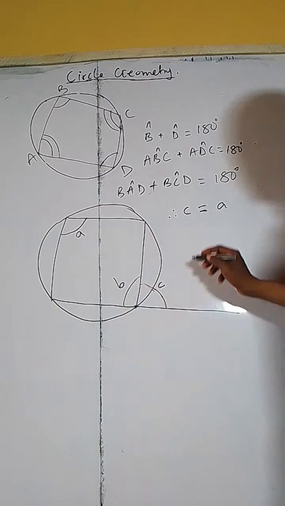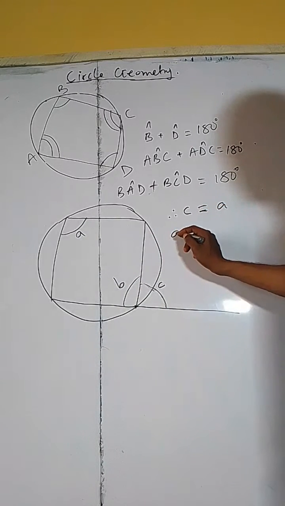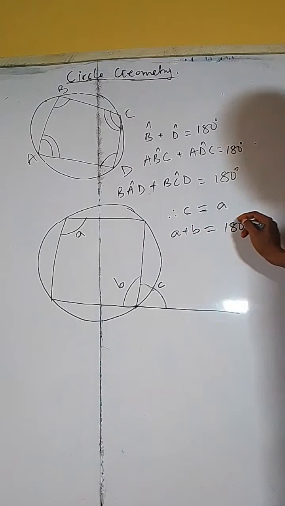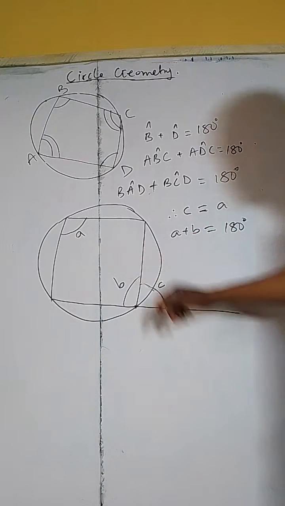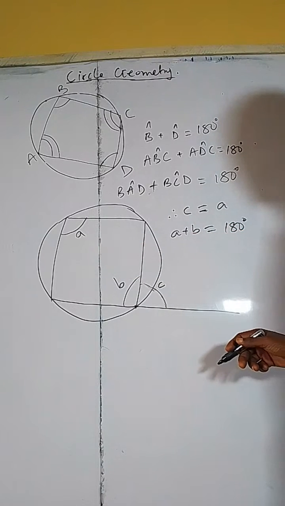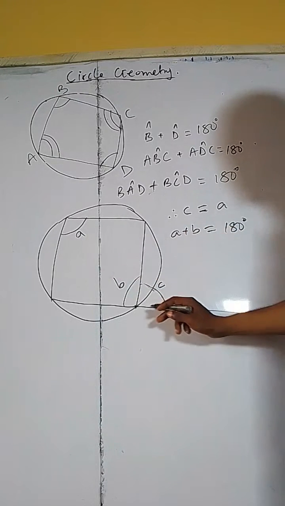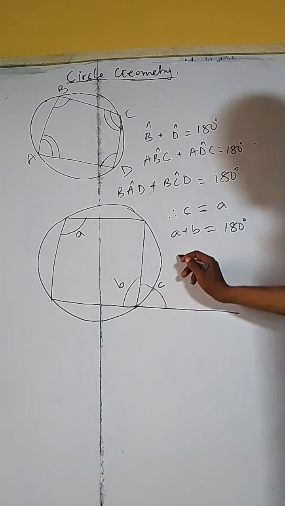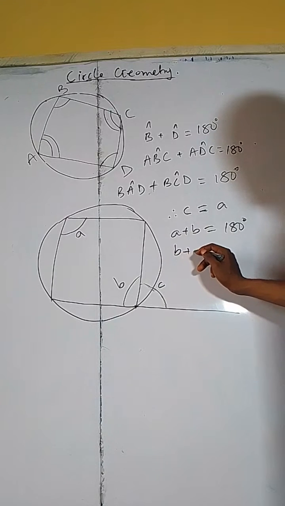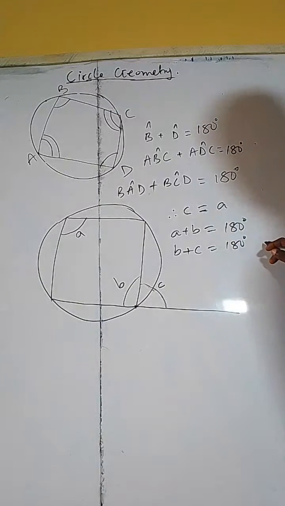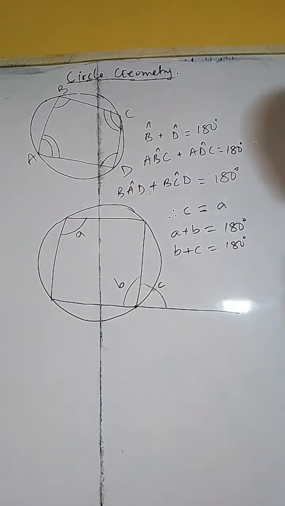The reason being that we have A plus B equals 180 degrees. That's opposite angles of a cyclic quadrilateral, adding up to 180 degrees. And also, we have B plus C also equals 180 degrees. This is sum of angles on a straight line.